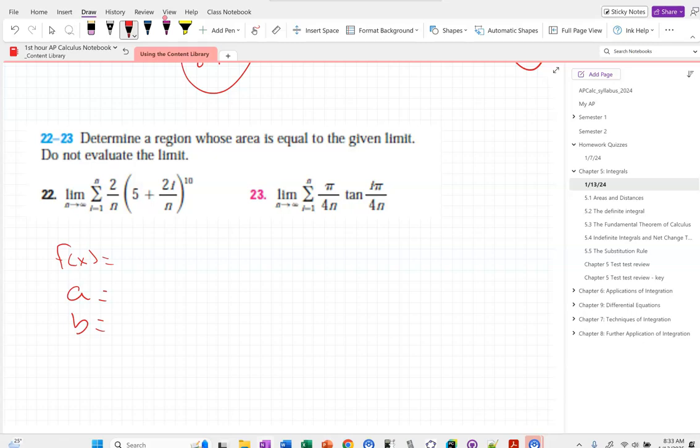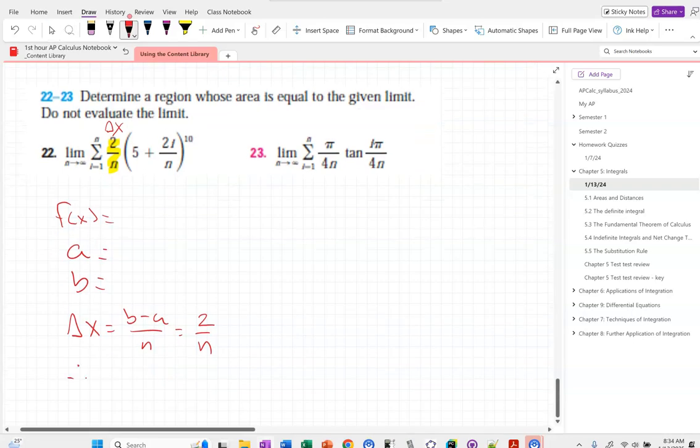Okay. I'm going to start with this piece. What is that piece representing? That should be my delta x, because notice that there's no i as part of that. So I know delta x is b minus a over n, and that's going to be 2 over n.